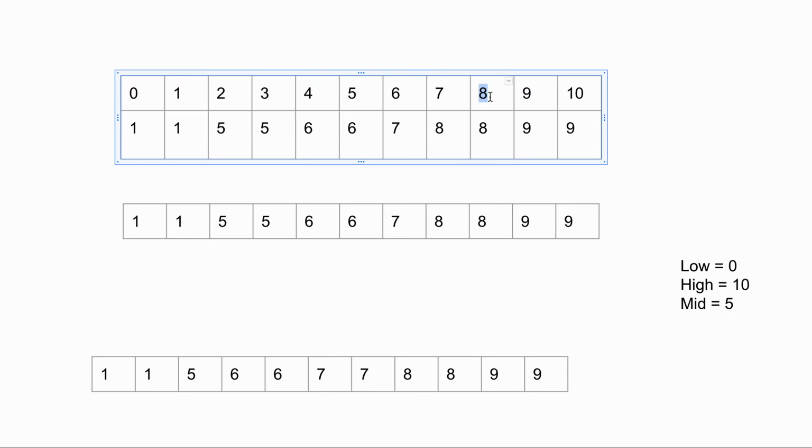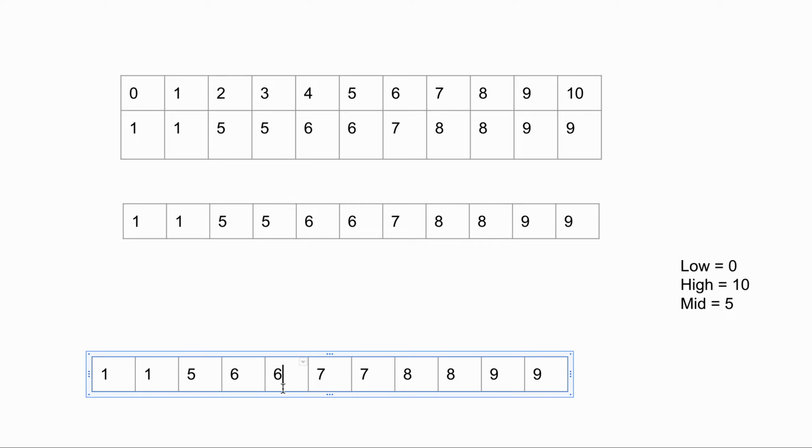For example, I have taken a different array to explain. You come to this index and you check the next element, 7. Are they both the same? They are not the same. What does this mean? The single element has already occurred. So it means that our answer lies in the first half of the array, or we can eliminate the second half of the array. This is the first idea.